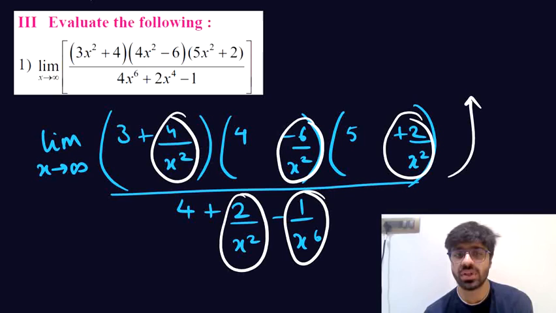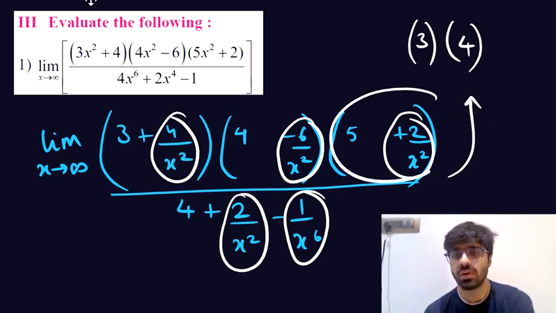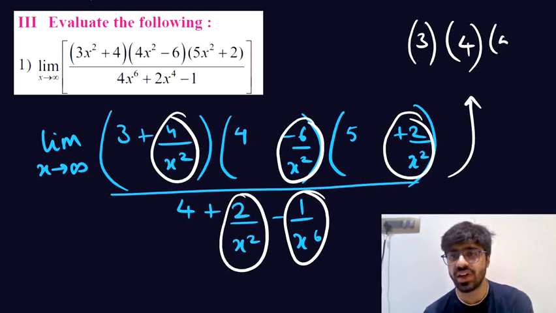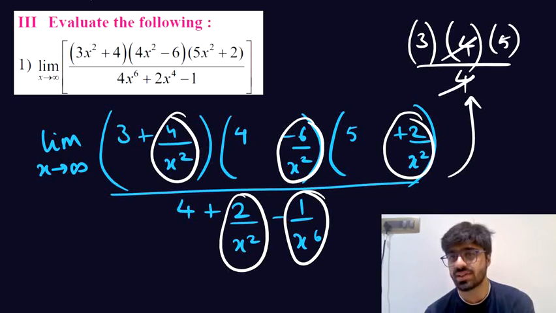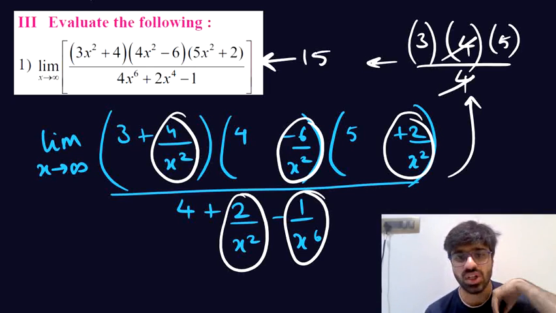So the final value is 3 plus 0, which is 3, into 4 minus 0 will be 4. So that's 3 into 4, into 5 plus 0 will be 5. The whole thing divided by 4 plus 0 minus 0. That is simply 4. So that 4 and 4 get cancelled. 3 into 5, that is 15, is the final value of question number 1.